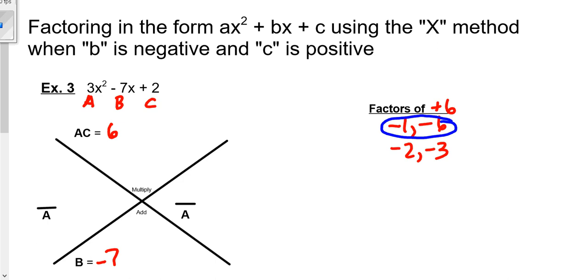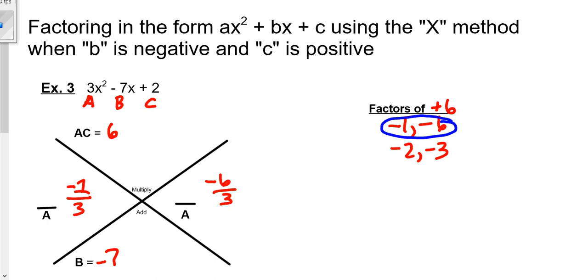So now we're going to fill in the rest of our x's here. We're going to write negative 1 right here and negative 6 right here. We're going to divide by whatever a is, and a is positive 3. When you have negative numbers, the negative stays in the numerator. That's going to help you when you do your bottoms up and write your final answer.